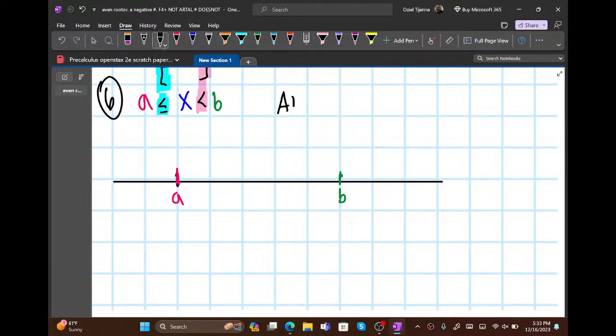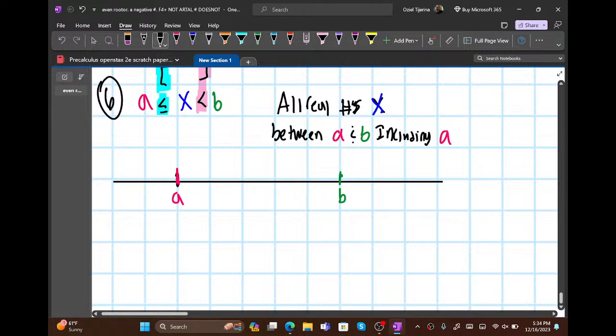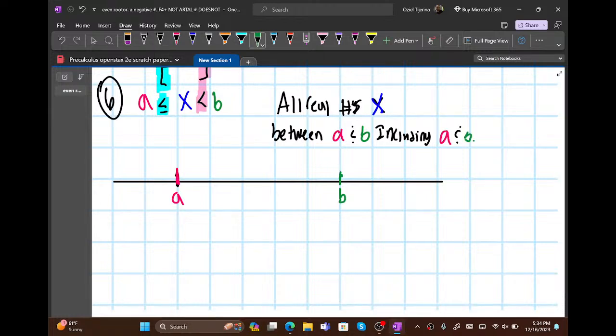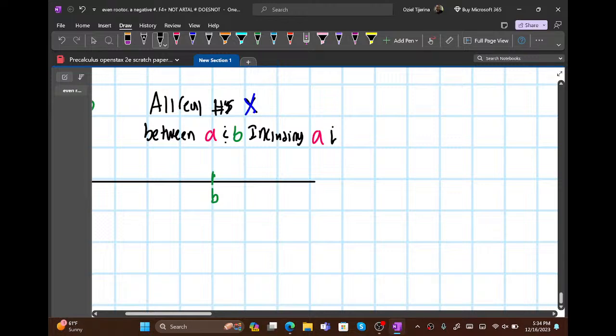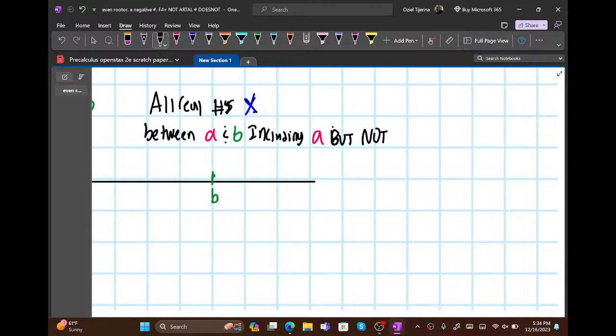So this means all real numbers x between a and b, including a, but not including b.